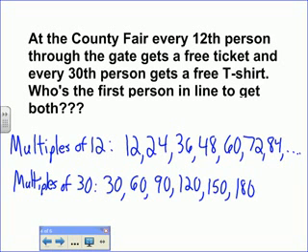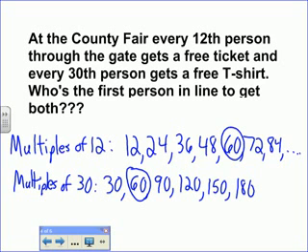So guys, if you have a huge line, these are the places that are going to get free T-shirts. If you notice, like you guys said, the 60th person in the line is the first match. And now, instead of finding the biggest one in common, we want to find the least one in common. So we call it the LCM, the least common multiple.